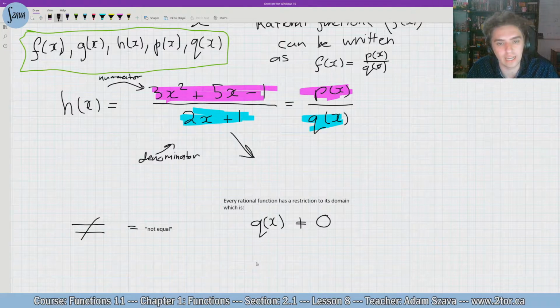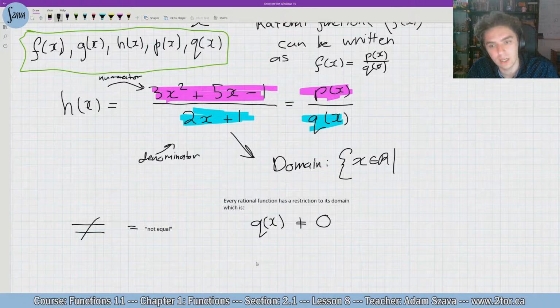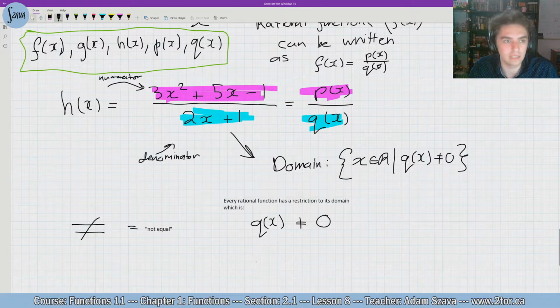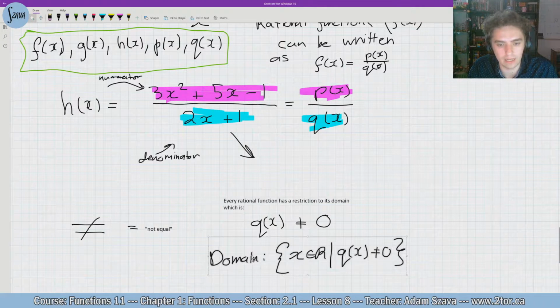So in this particular case, I know right away that x can be any real number, but Q of x cannot equal 0. In fact, this is the domain of every single rational function, unless there's anything extra funky going on.